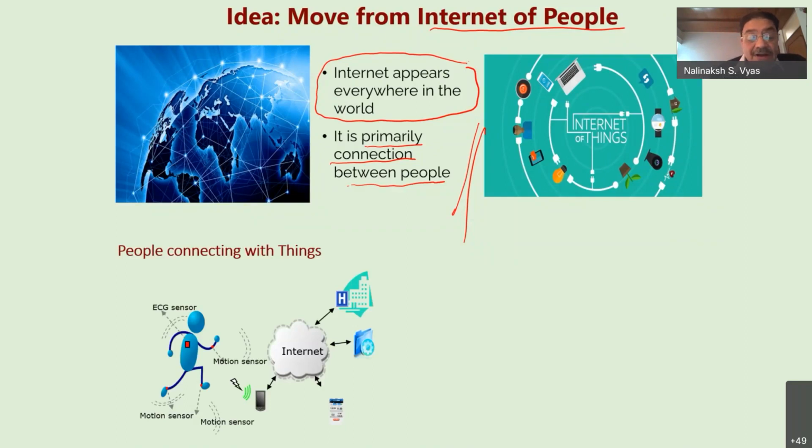So earlier you still have people connecting with things through the ECG sensor, like through a motion sensor. This data is already being collected by your smartphone, and you can send it over the internet to a hospital, to other places, and to your Facebook, wherever you wish.